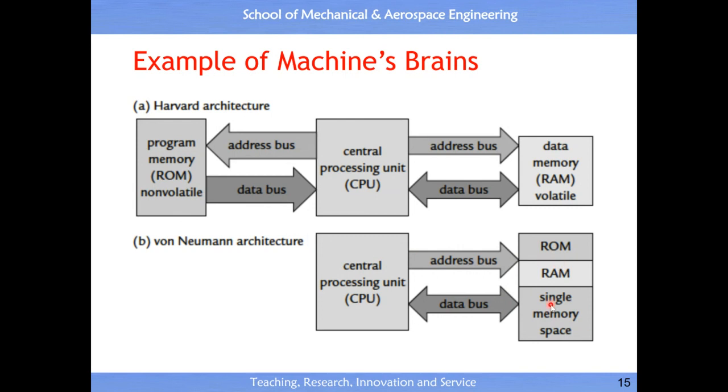To retrieve an instruction and the data, you must spend at least two cycles. For the other one, within a single cycle, you get the data and you get the program. So this architecture is at least two times faster.